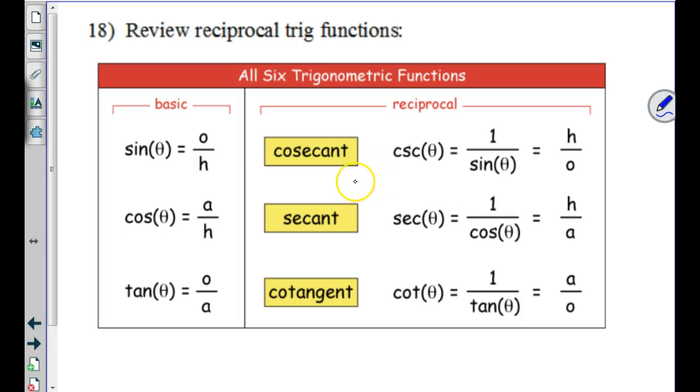Now, we'll talk about this later, but sine and cosine sound like they go together, right? But sine and cosecant don't sound like they go together. Okay, this is how I remember it. Sine, cosine, or cosecant, secant. When you flip it over, it changes, right? From C to S and S to C. Then you got to remember tangent and cotangent actually go together.